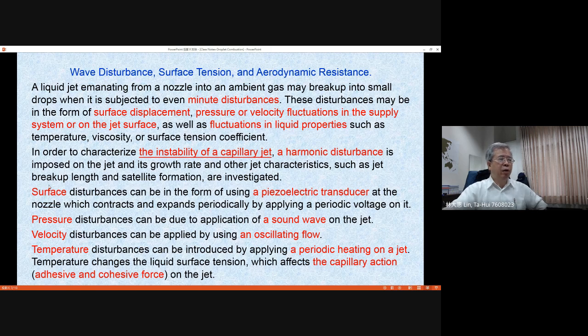Then let's look at how to make these kinds of disturbance. The surface disturbance is usually made by different experimental systems reported in the literature. Generally, they use so-called piezoelectric transducers. In previous experiments, they used a piezoelectric transducer attached to a glass tube, with the liquid flowing in the glass tube.